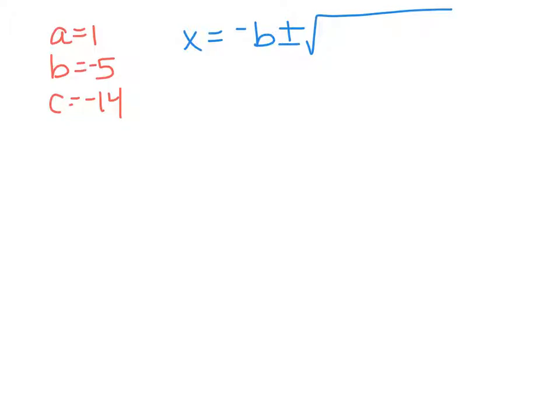And next I wanted to show you what would happen if we chose to do number 7 by the quadratic formula instead of factoring. So remember, a was equal to 1, b was equal to negative 5, and then c was equal to negative 14. So once again, here's the quadratic formula. Opposite of b plus or minus the square root of b squared minus 4ac all over 2a.